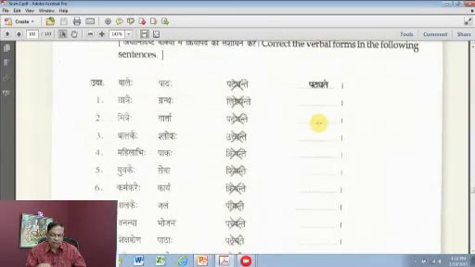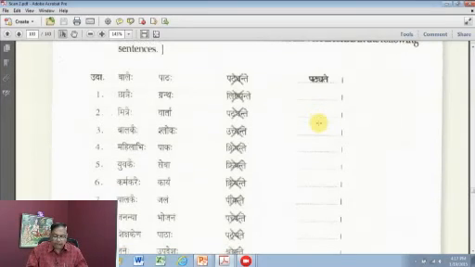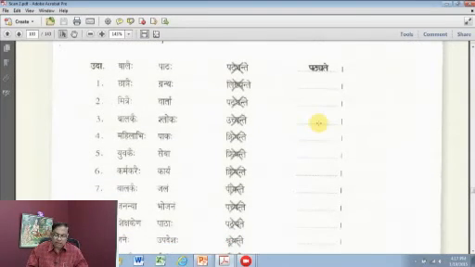Chhatraihi grantah likhyate means a book is written by the students, this is the passive only. Mitraihi varta patyate means news is read by the friends. Third, balakaihi shlokah uchyate, a sloka is recited by the boys. 4.